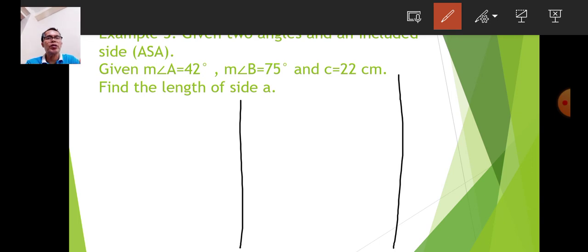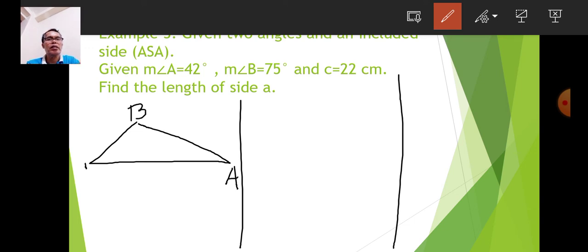So for example, this is the triangle. So this is angle A, this is angle B, and this is angle C. And we were given that angle A is 42, so this is 42 degrees. Angle B is 75, so this is 75. And side C, so this is side C is 22.